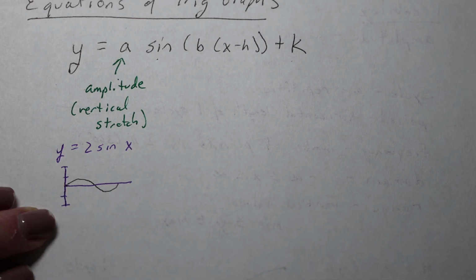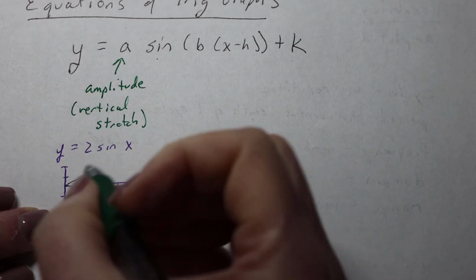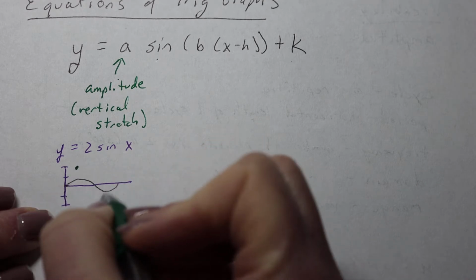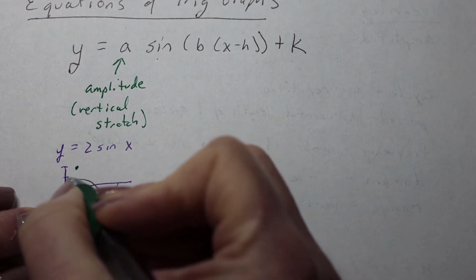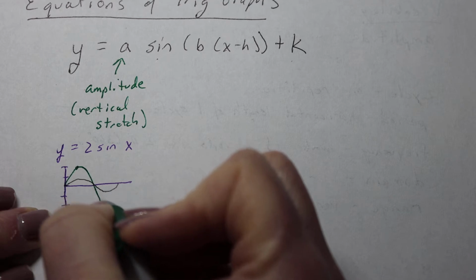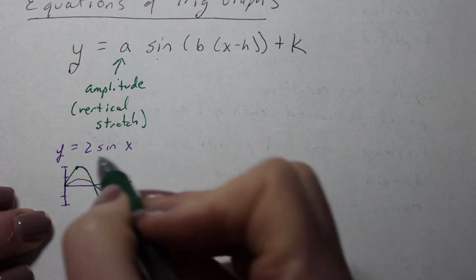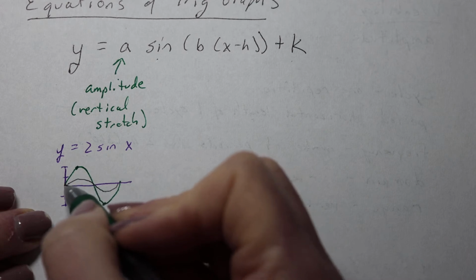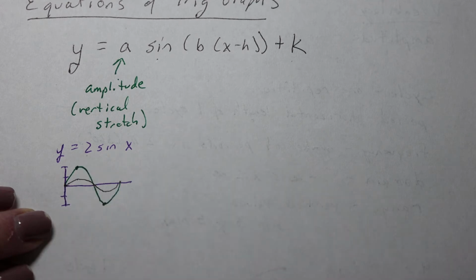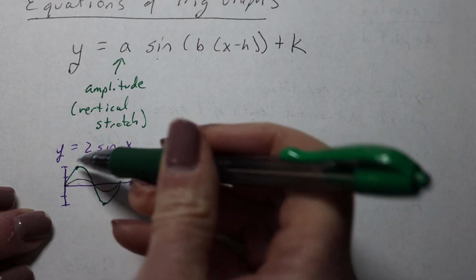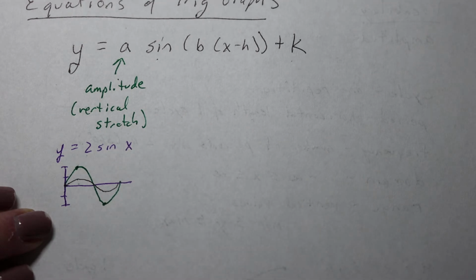If I change that amplitude now to a 2, that means its high and its low change. So that 2 takes it from a high of 1 to a high of 2. So remember, 2 places up from the midline.